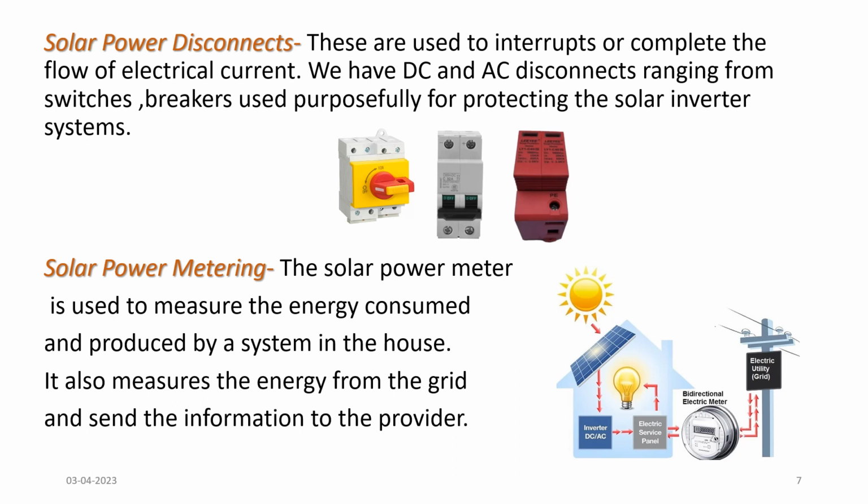Then we can go on and search about net metering also, which is another billing mechanism that monitors the amount of energy you produce and compares it with the energy you consume and what is coming from the national grid. So all these are just the basic components that are needed when you are doing your solar energy system installation.